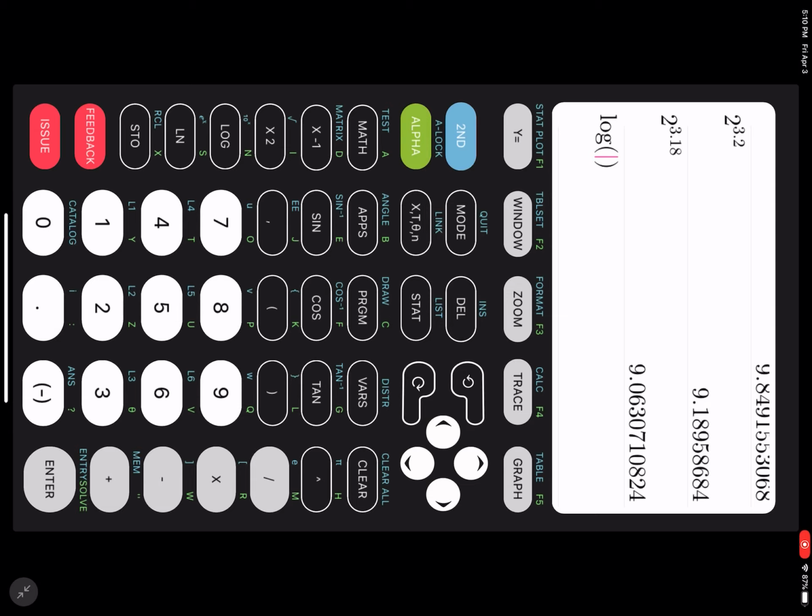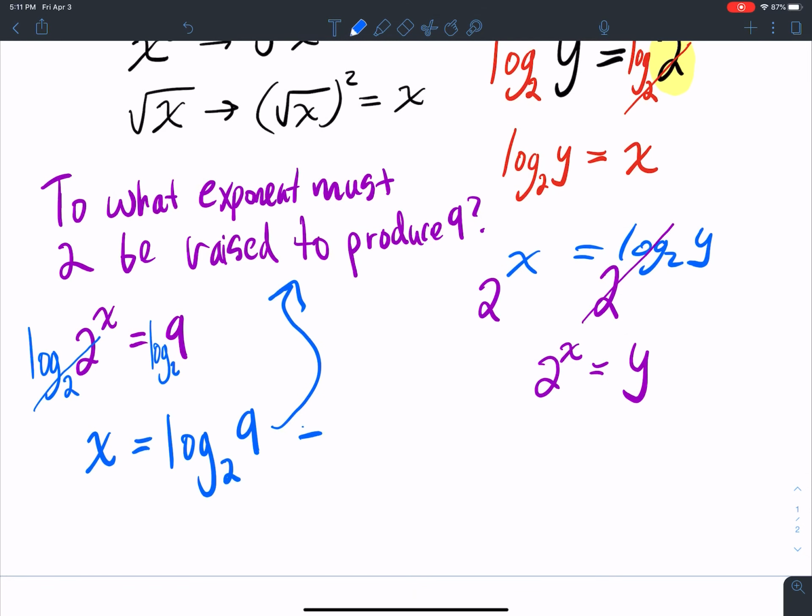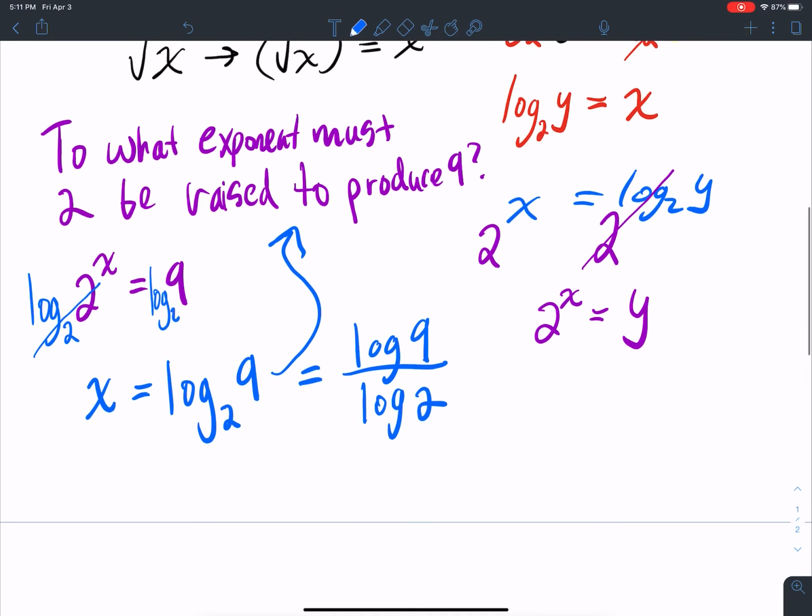So to calculate this, I take the log of 9, and then I divide by the log of 2. Okay, and I hit enter, and I get 3.1699. So it's like 3.17. This is the change of base rule. To get the log base 2 of 9, I take the log of 9 divided by the log of 2.